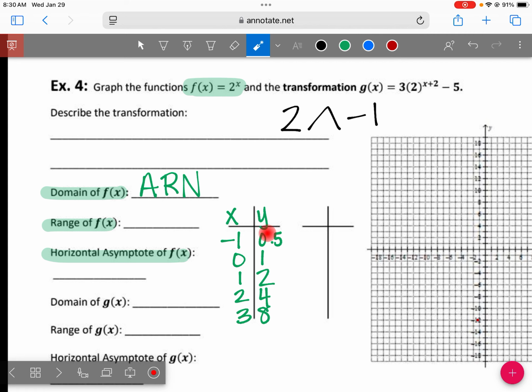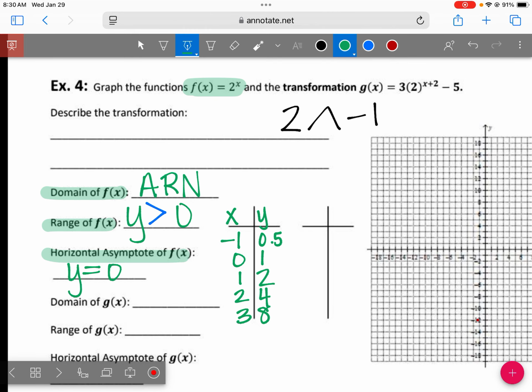But over here, did we get any negative numbers when we tried to get our y values? They were all positive. So that tells me my range is y greater than 0. Don't put an equal line because it will never equal 0. It's always going to be greater than 0. And the parent function has a horizontal asymptote at y equals 0.